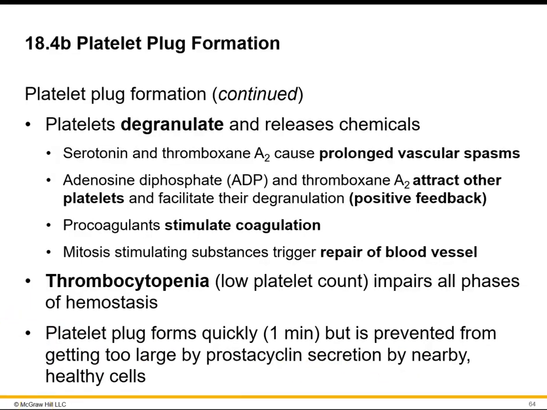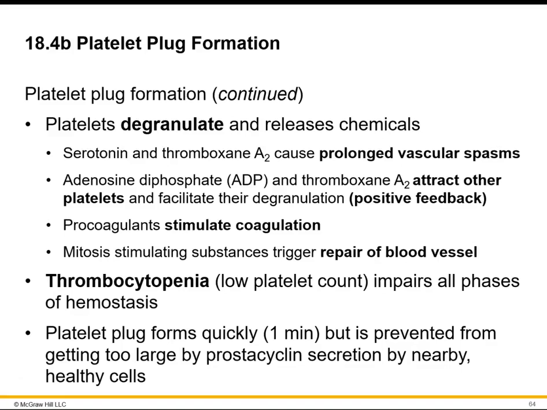Okay, next, those platelets are going to release their chemicals. This is called degranulation. So they're going to release serotonin and thromboxane A2. What these do is they cause prolonged vascular spasm. They're going to release ADP and thromboxane A2 to attract more platelets to the area and cause those platelets to degranulate.